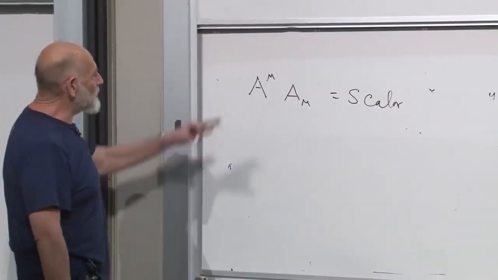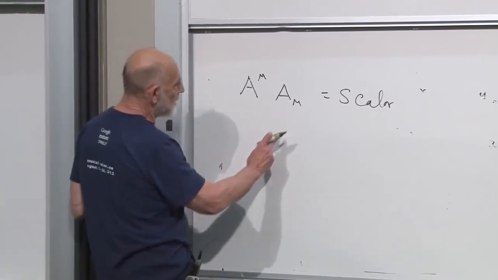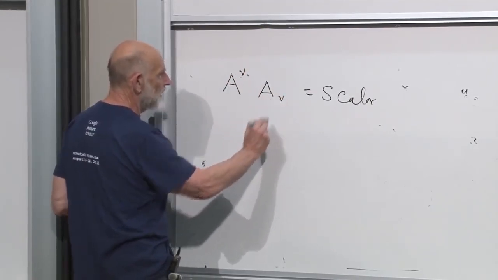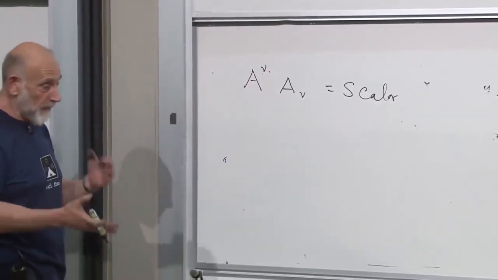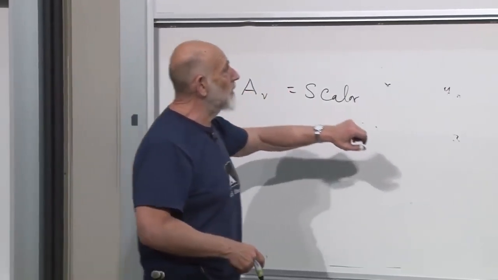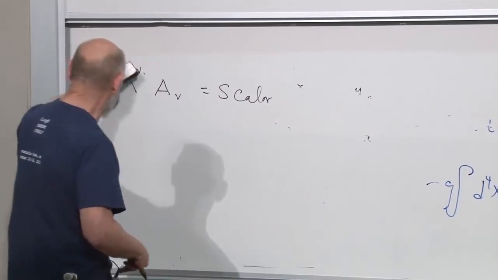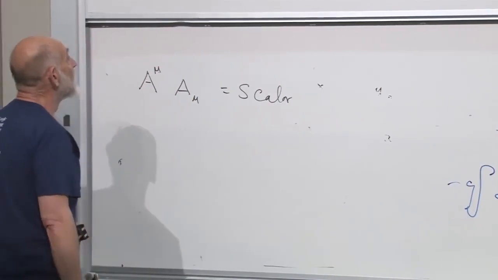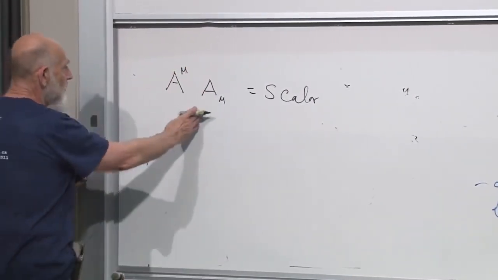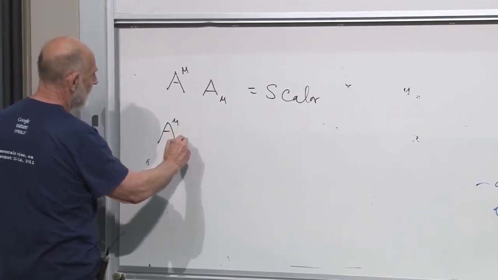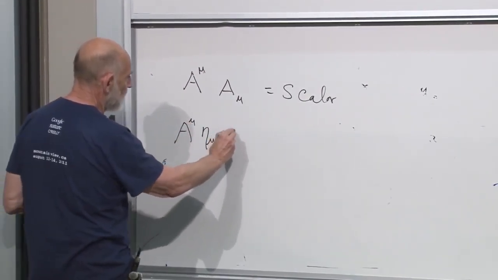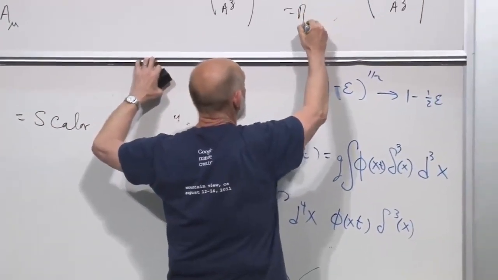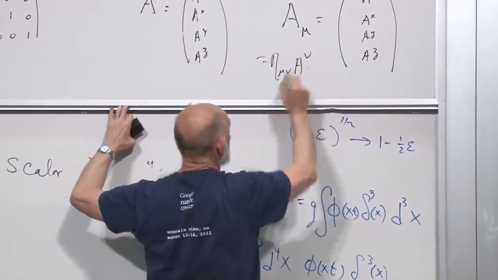We could also write this in another way. Since A lower mu, well, let's change the summation index here. Let's call it A nu. I haven't changed the expression, I've just changed the dummy index. But now what I want to do is use for A mu: A mu is equal to eta mu nu, A nu.